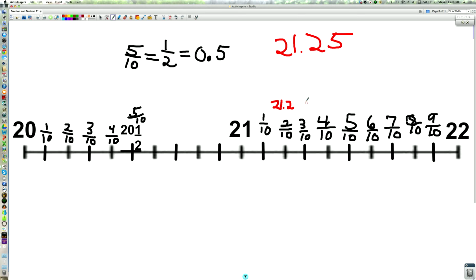And this is 21.3. So this has to be right in here somewhere, in between these two, because it's 0.25. It's about halfway in between those two places. Okay?